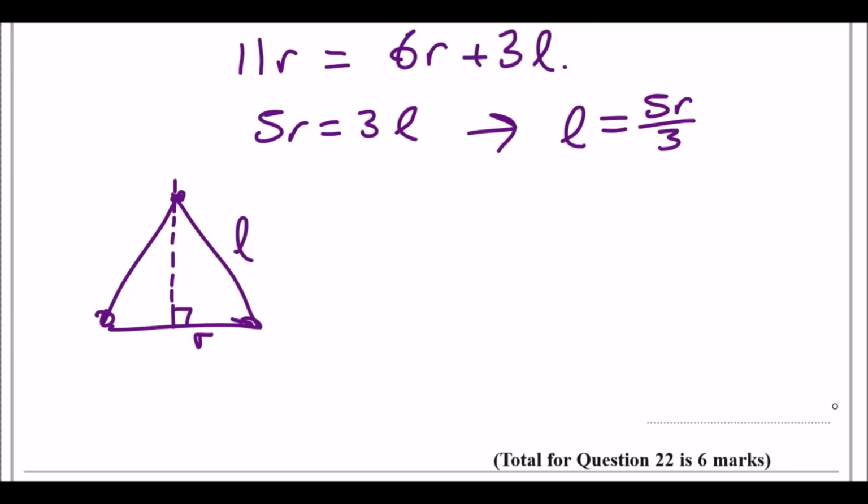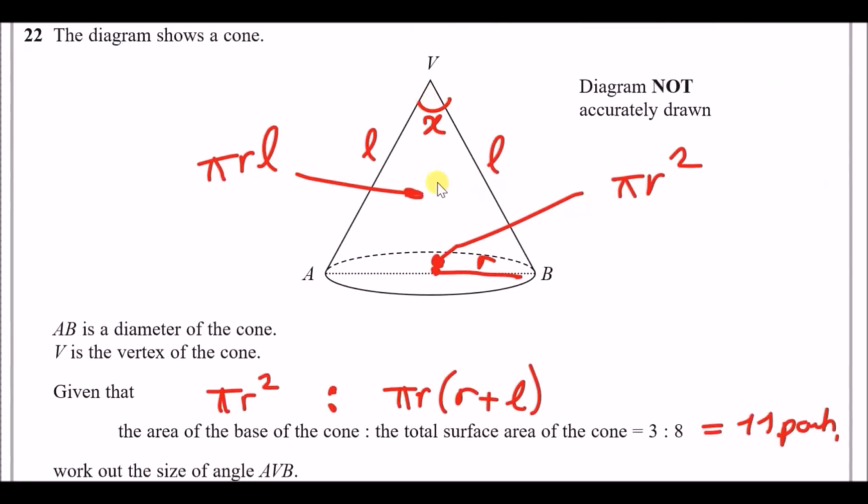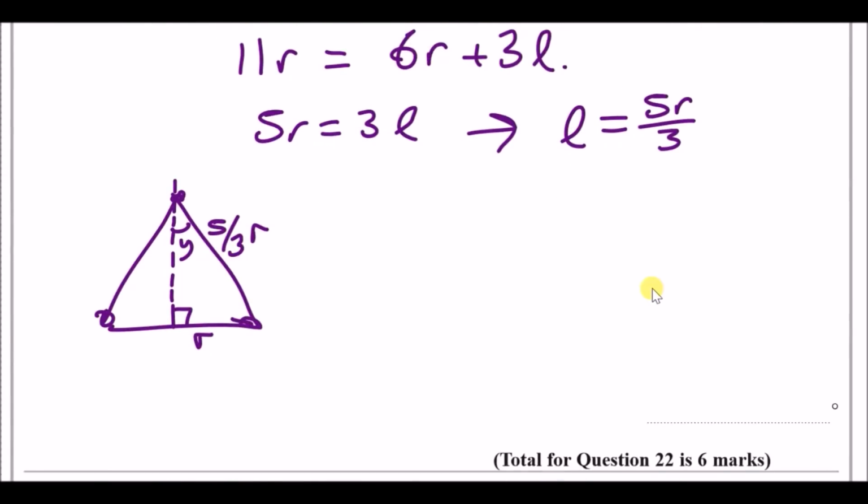It's 5 over 3 r. That just looks terrible. We're trying to find the total angle, but let's just call this angle y for now. We split in the middle, so when you work out y, you can double it to get x. To get this angle, notice this is a right angle triangle, so we can use SOHCAHTOA.